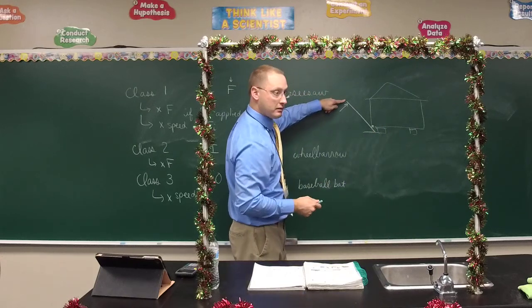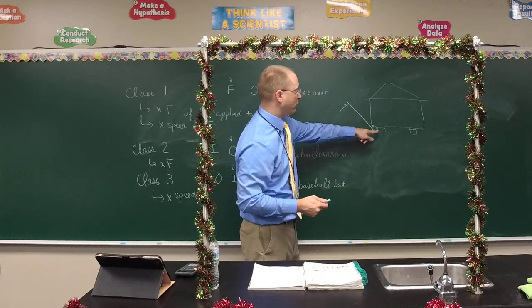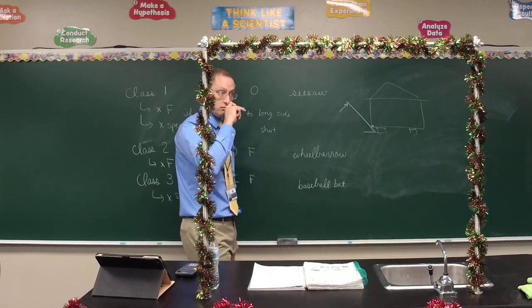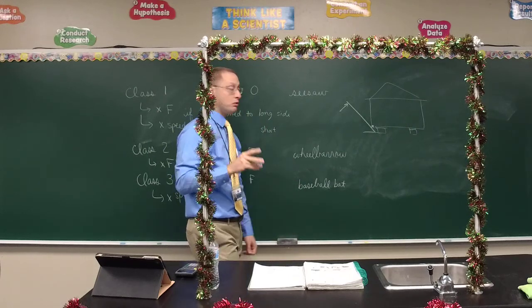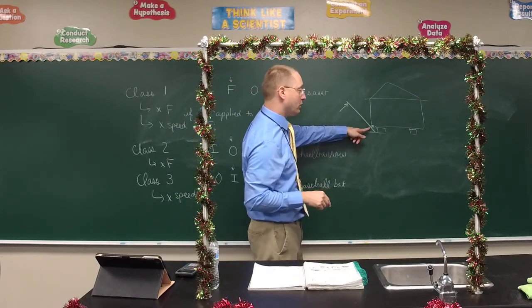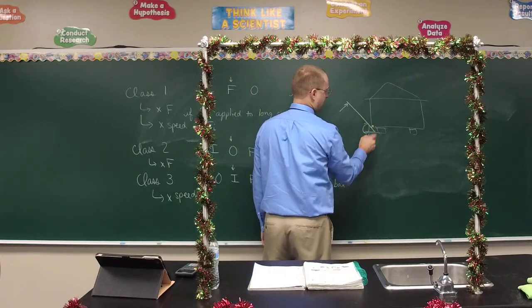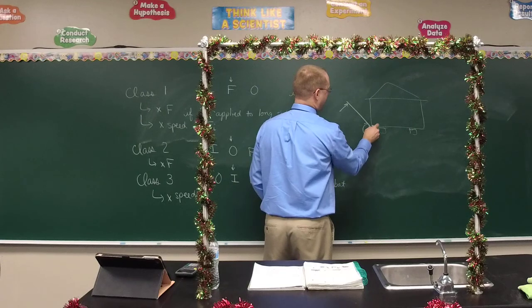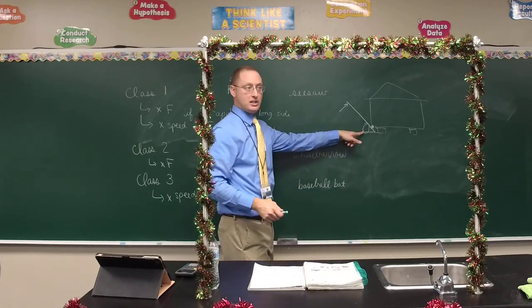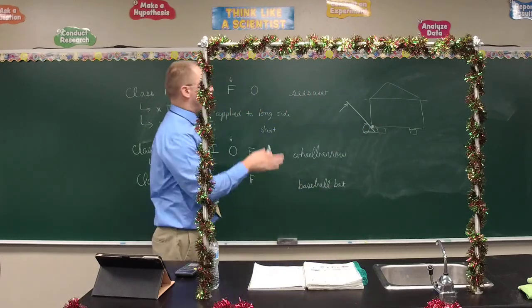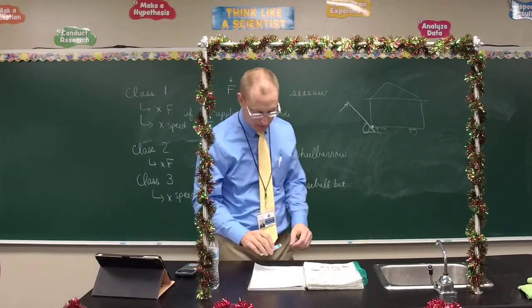This is input, output, fulcrum. What class would that be? Class 2, because the output is in the middle, like a wheelbarrow. If you put a block of some kind here, and it pushed up here, now that would make it class 1, right?